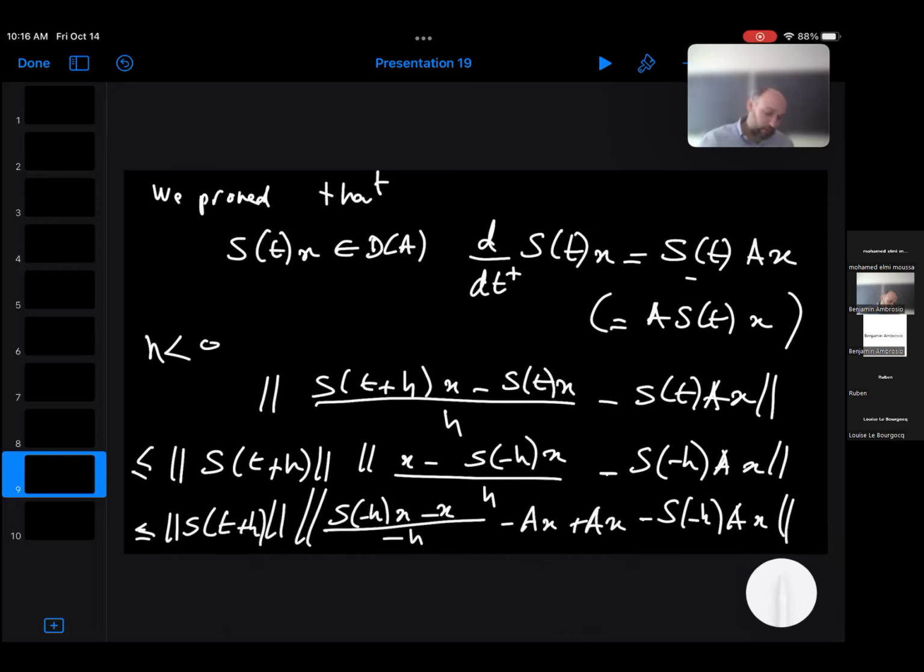And what's going on now as H is converging to 0 plus? Well, X belongs to D(A), minus H is positive, so this by definition is AX. So this is going to converge to 0.